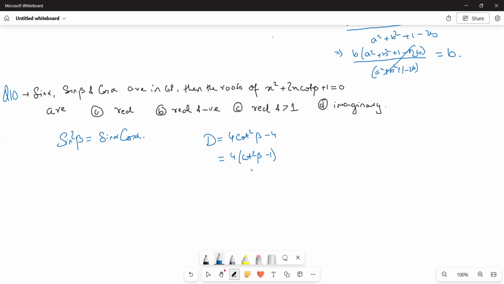Cot square minus 1 we can write as cosec square. Yes, sir. This becomes 4 cosec square beta.